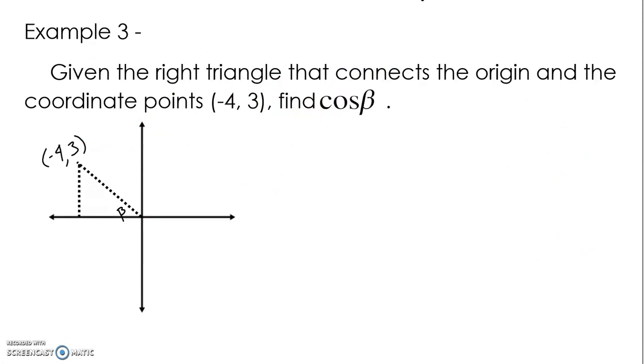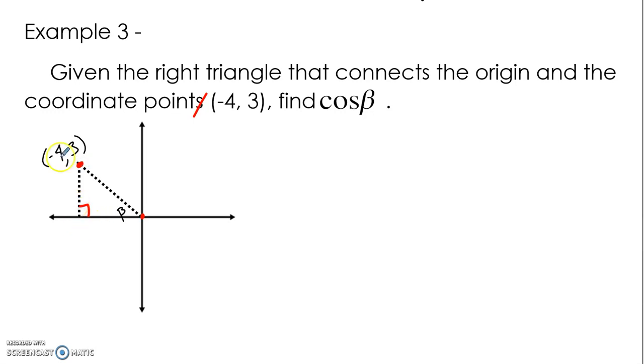This is an example where we're working on the coordinate plane now. Given the right triangle that connects the origin and the coordinate point -4, 3, find the cosine of angle beta. So here we have a right triangle, and it connects the origin with the point -4, 3.